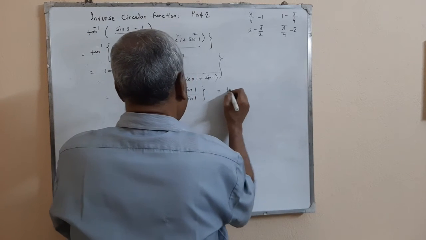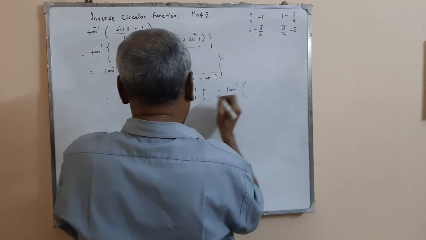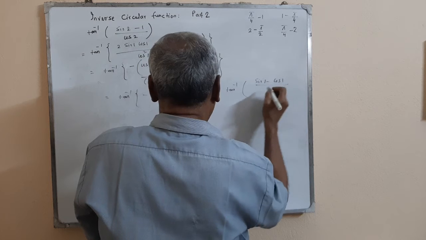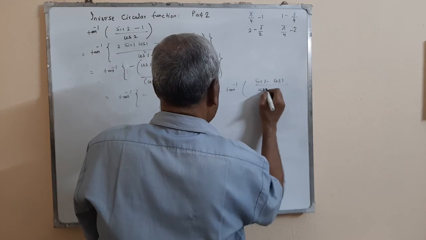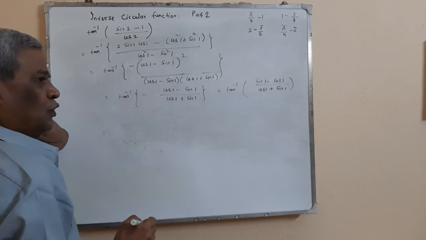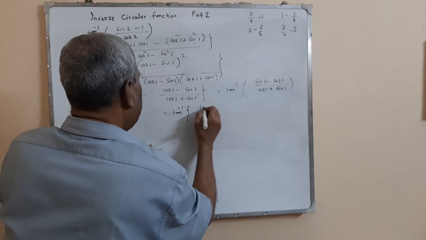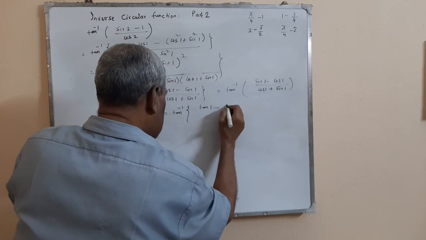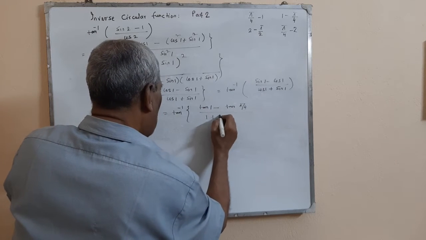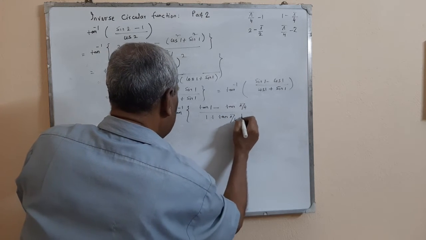It is equal to tan inverse of sine 1 minus cos 1 divided by cos 1 plus sine 1. Now dividing by cos 1, this becomes tan inverse of tan 1 minus 1, meaning tan of pi by 4, divided by 1 plus 1 into tan 1, that is tan pi by 4 into tan 1.